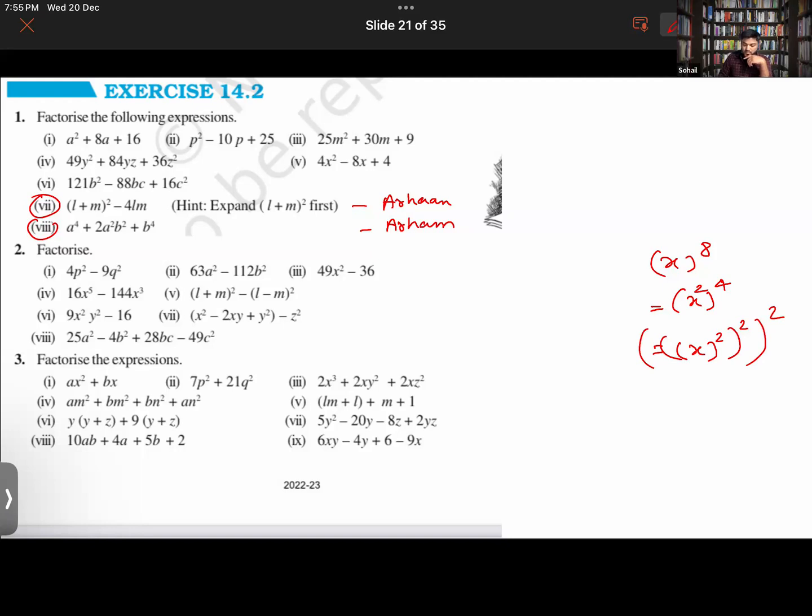Getting it now? Because 2 times 2 times 2 is giving you 8 back, or 2 times 4 is giving you 8 back. Similarly, in question number 8, it's a raised to the exponent 4. So thereby you can write it like this: a square and then whole square again. I have already given you a few hints here.